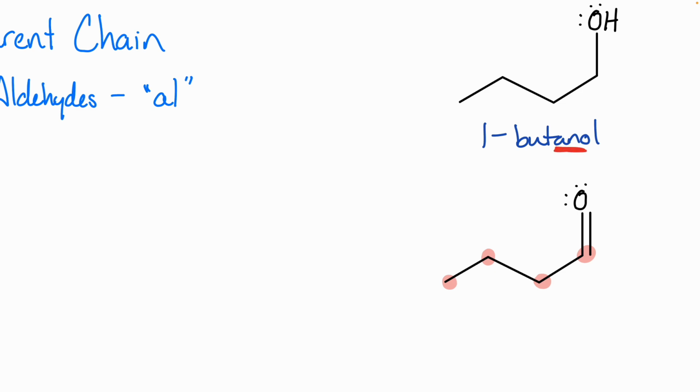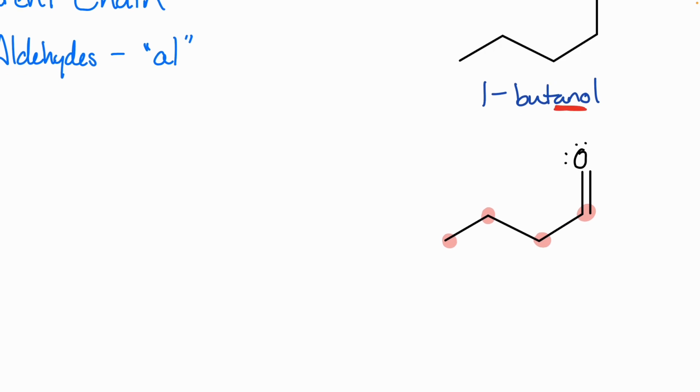I have the "an" in there. What is that telling me? All single bonds. And then I have the "ol" to tell me that it's an alcohol. We're going to do the same thing. We have "but" to tell me there's 4 carbons, "an" to tell me that there's all single bonds, and then our new ending, -al. So butanal is the name of this molecule.